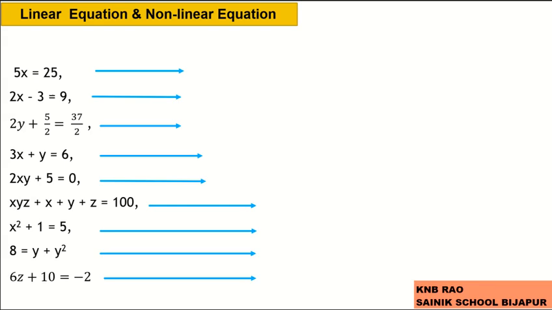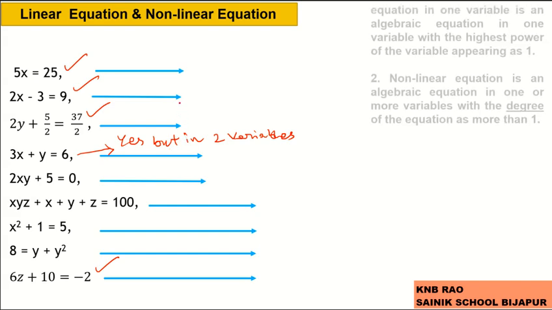Here this is a linear equation in one variable, this is a linear equation in one variable, this is also a linear equation in one variable, this is also a linear equation in one variable, but this is a linear equation in two variables. The reason is so simple.